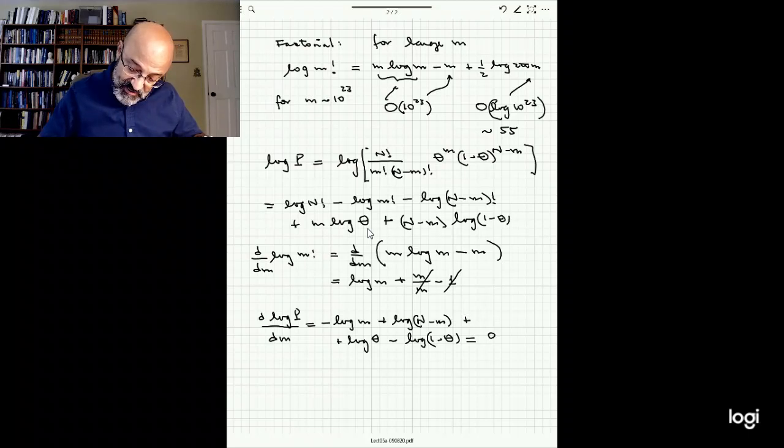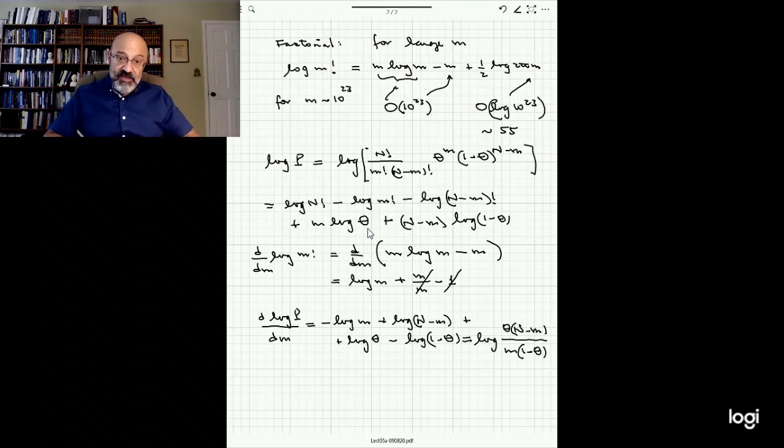This is going to be the log of theta (n minus m) over m (1 minus theta).